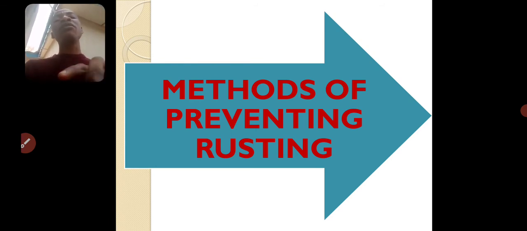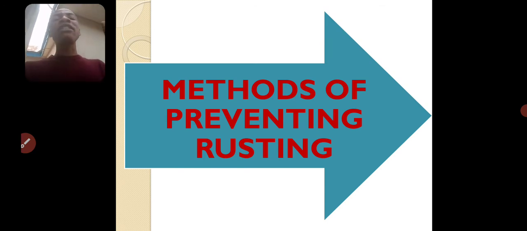And when iron rusts, it brings a lot of damage. Imagine when a bridge becomes rusted, vehicles pass on it and the bridge will break and people will die. When the exhaust pipe of a vehicle becomes rusted, it can lead to a lot of bad effects on the vehicle.